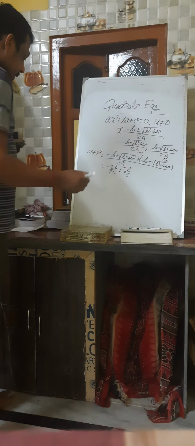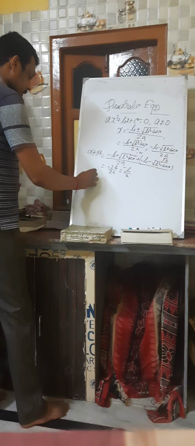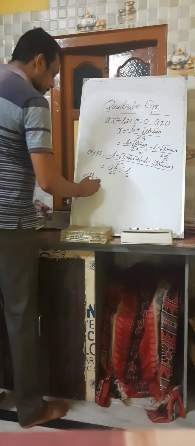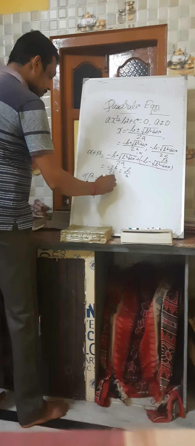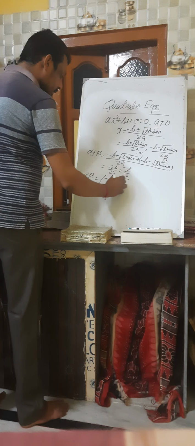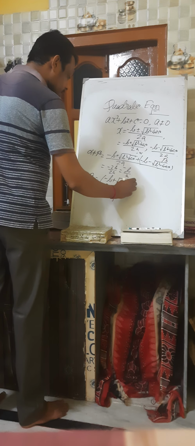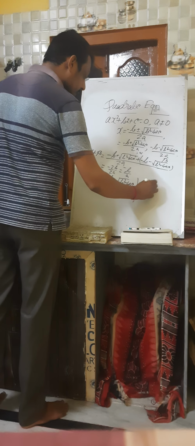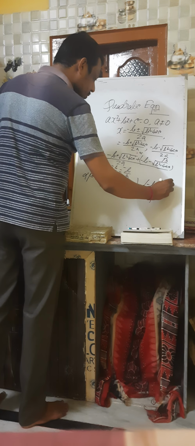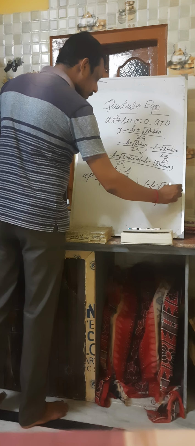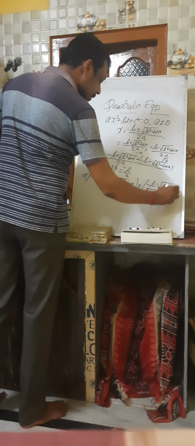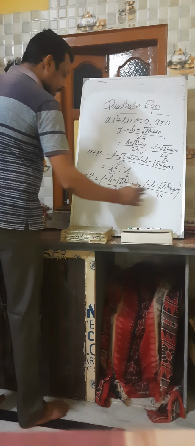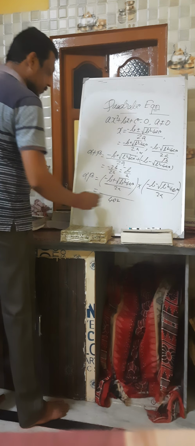Now the product of the roots: this one and this one will get multiplied. Minus b plus root over of b square minus 4ac by 2a into minus b minus root over of b square minus 4ac by 2a. Now the denominator gets multiplied with the denominator, so you get 4a square.